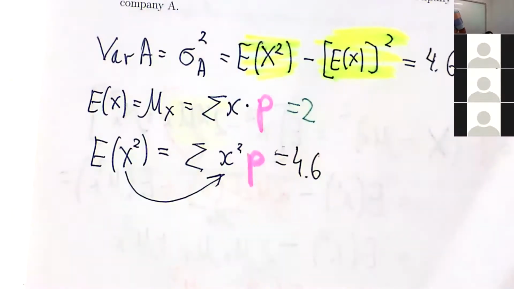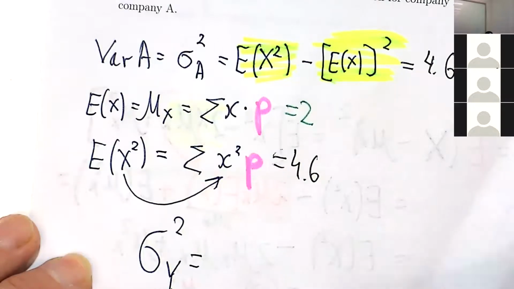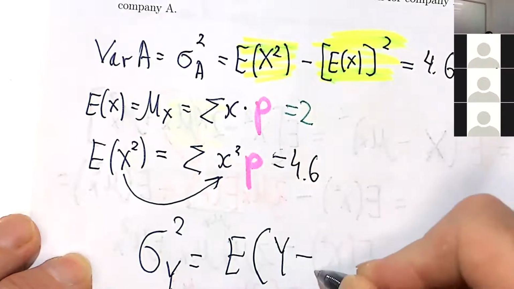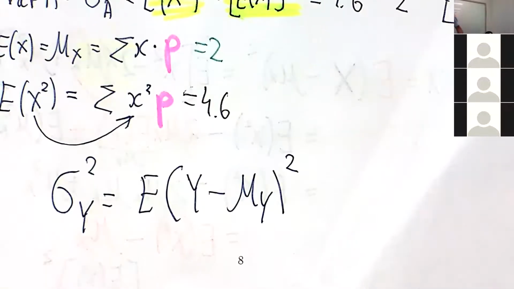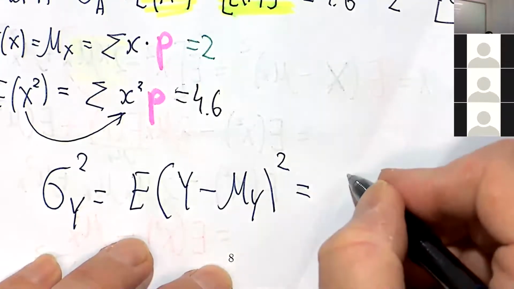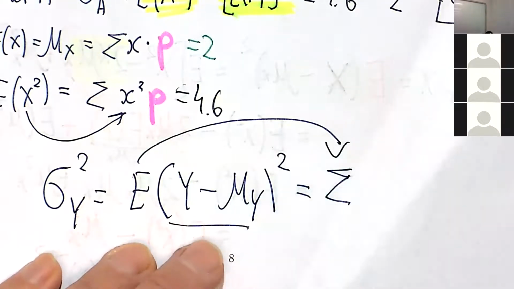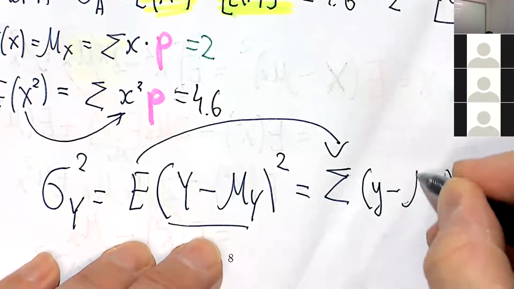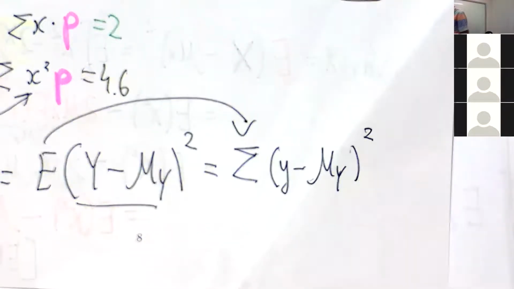So variance of y equals expected value of (y minus mu y) squared. This is the definition of variance, which in the discrete case, E becomes sigma. In the parentheses we copy the small letter y minus mu y, and we square it. And of course, we multiply by probabilities.